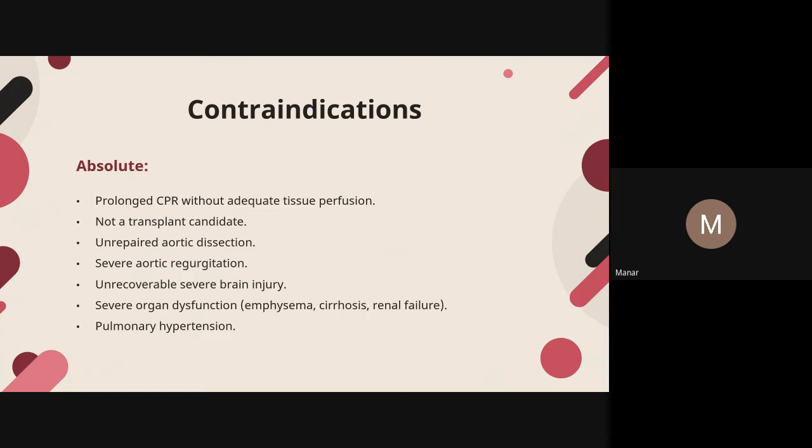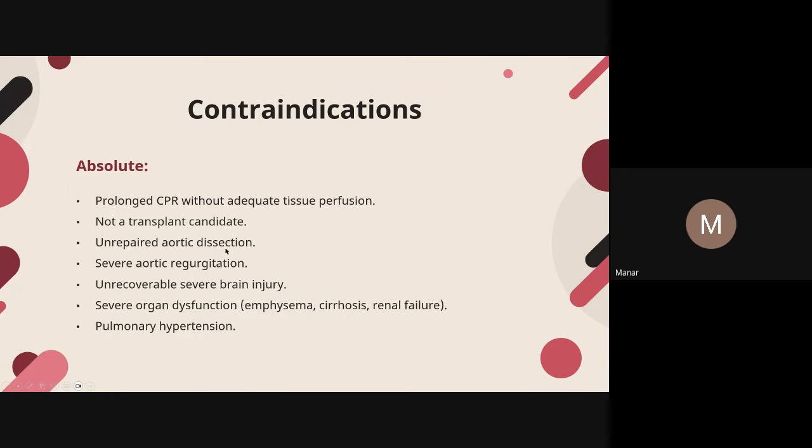As for the absolute contraindications, prolonged CPR without adequate tissue perfusion, because it means that the patient has poor prognosis. Another is not being a transplant candidate, so we have to make sure that there is in fact a transplant candidate to use ECMO to bridge to the transplant. Otherwise, we will not benefit from the use of ECMO.